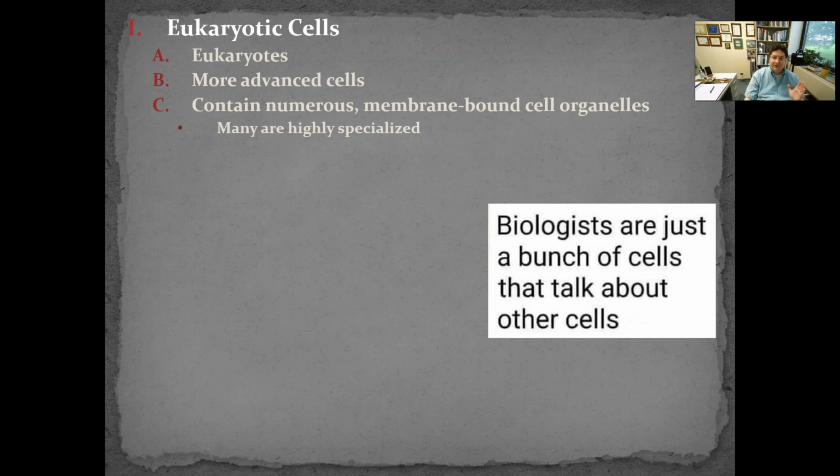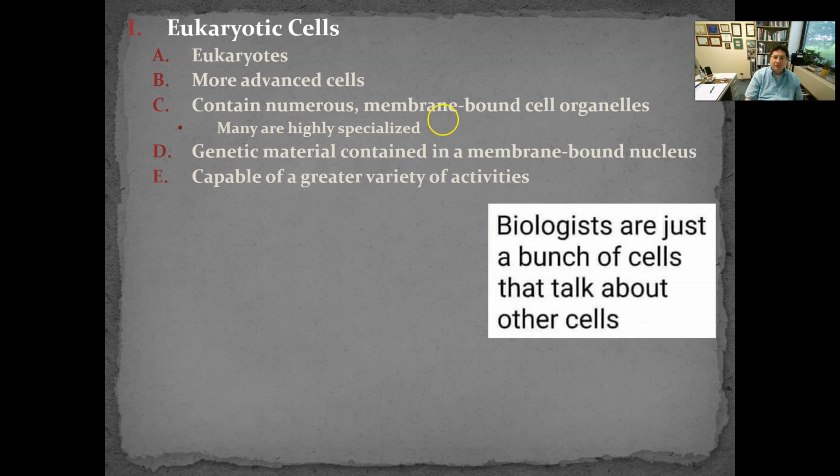They have specific functions. The genetic material in eukaryotic cells is contained in a nucleus, and this nucleus has a membrane around it. So the genetic material is contained in a membrane-bound nucleus. Now, both C and D do not apply to prokaryotes.